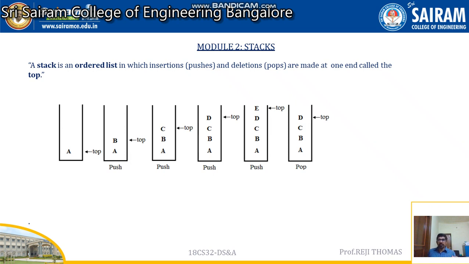Top is pointing towards the last character, which is E. And if you go to the last diagram, you can see that there is a change in the variable called top. So what happened? We have deleted the topmost element from the stack, and now the top points towards the next element, which is now the topmost element, D.